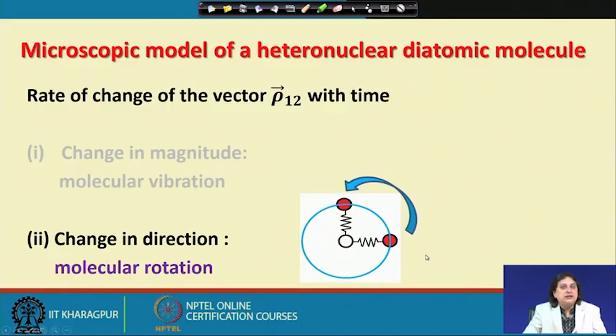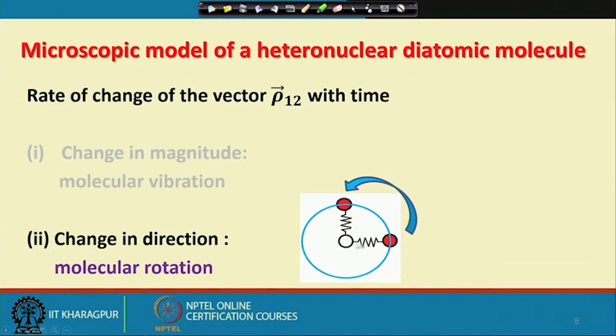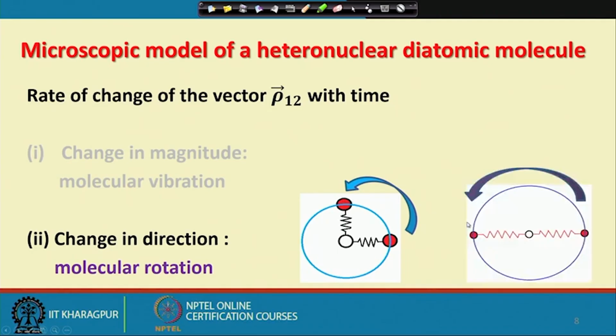As you see here, this is exactly what we have represented, saying that for a given length of the spring, which means for a given distance between the two atoms, when it is fixed at this length, the molecule can rotate. Once again, if the bond is now stretched further, the molecule can again rotate like this.